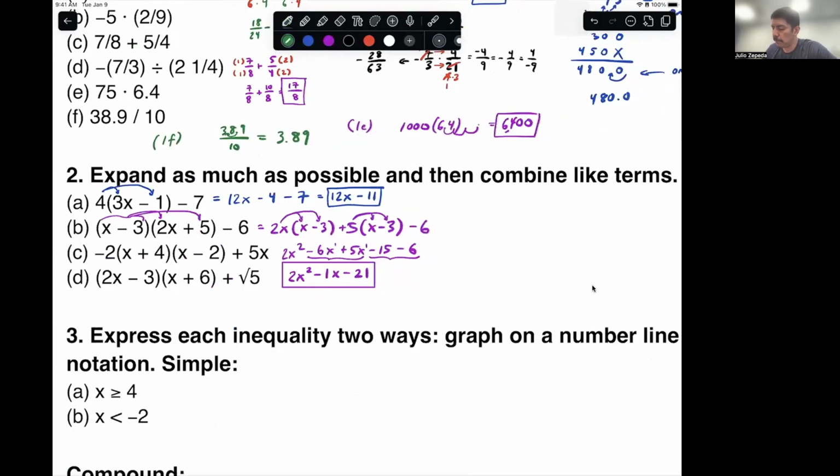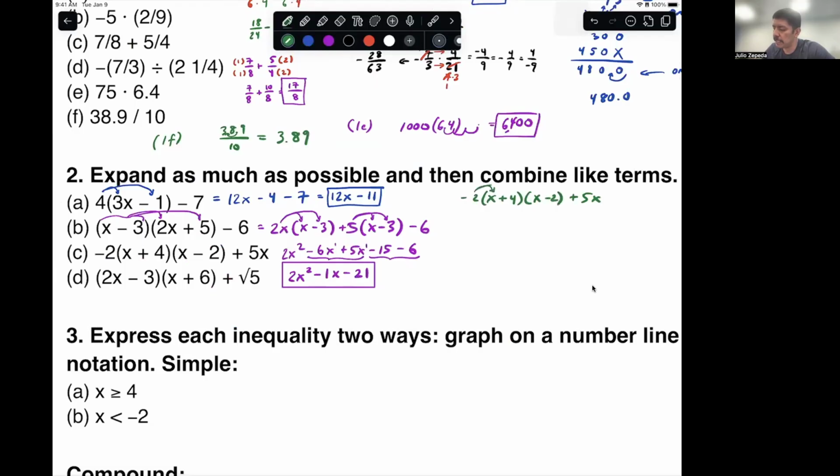Okay, so next, negative 2 times x plus 4 times x minus 2 plus 5x. How can we do this problem? Well, in the first set of parentheses, we have negative 2 out front.